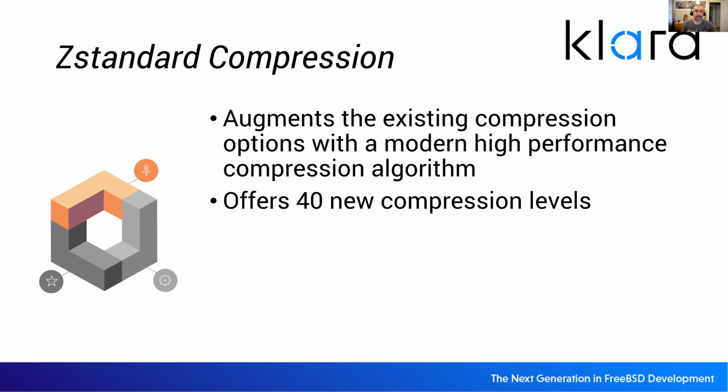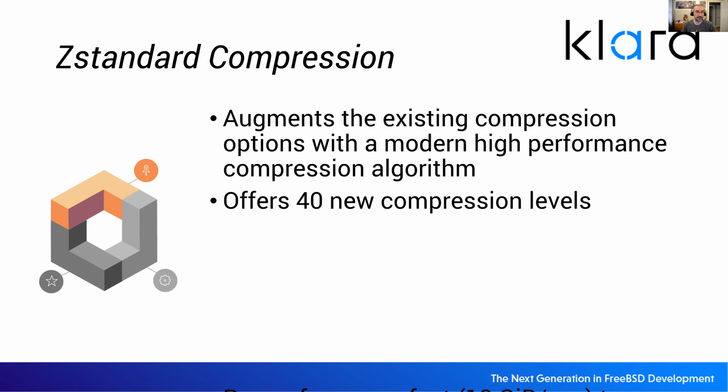Just as gzip has 9 levels to pick through, gzip 1 through 9, Zstandard has 40 levels in the version I implemented in ZFS. There's 1 through 19, as well as -1 down to -1,000, with, after -10, I only went in blocks of 10 or 100 instead of adding thousands of levels. But this allows you to decide how much compression you want on your data.